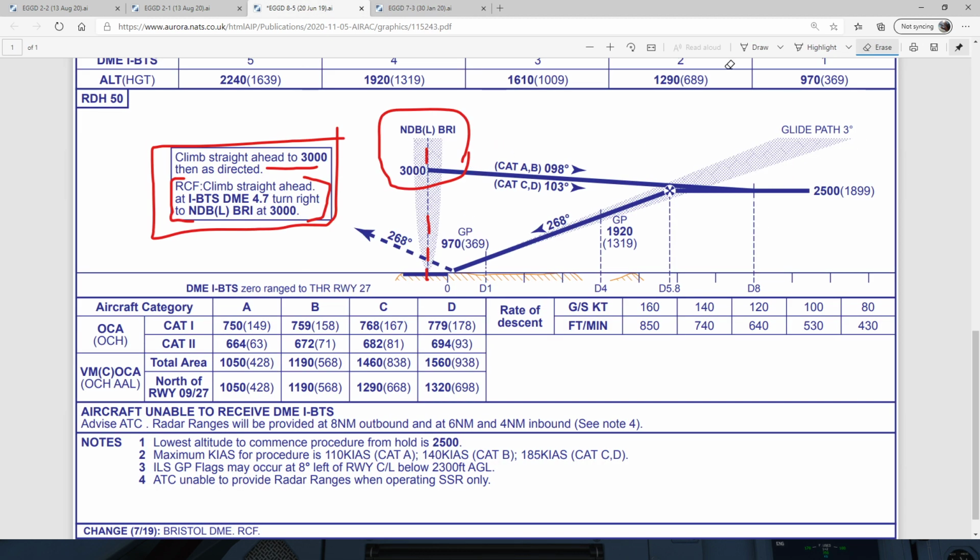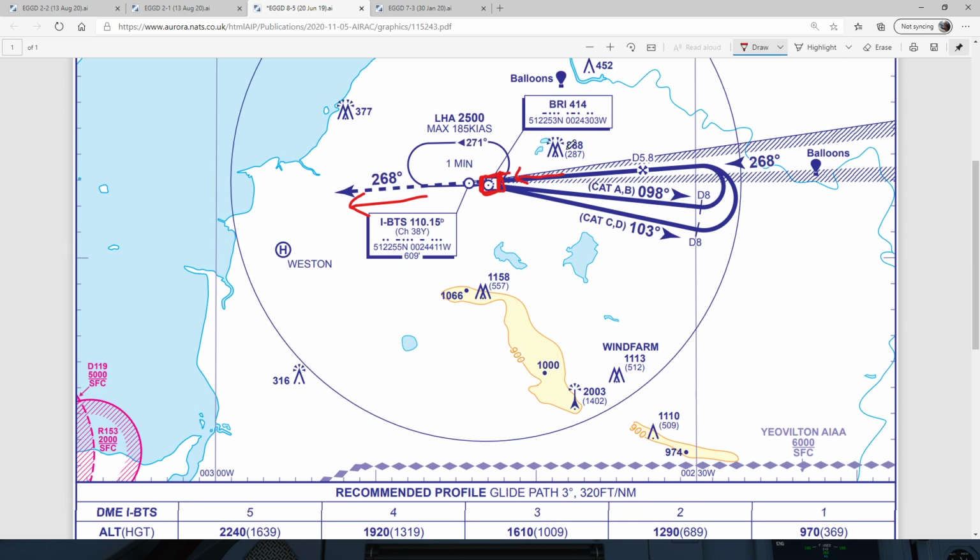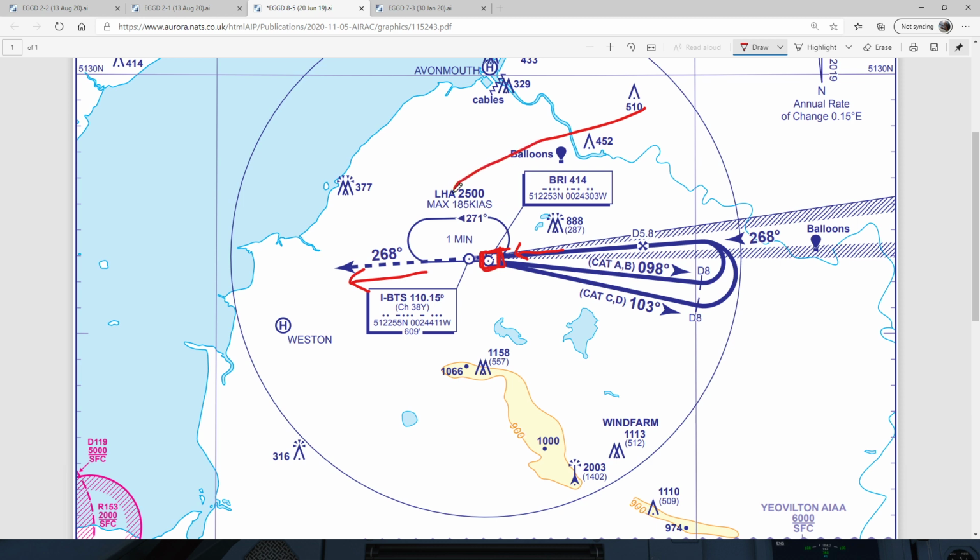Then we need to descend down to our 2,500 foot altitude in order for us to intercept that ILS. So we're flying in this sort of direction, and then we'd be over the NDB 103 degrees, and then we'd be 2,500 foot to intercept the ILS, and then we'd go in and land.